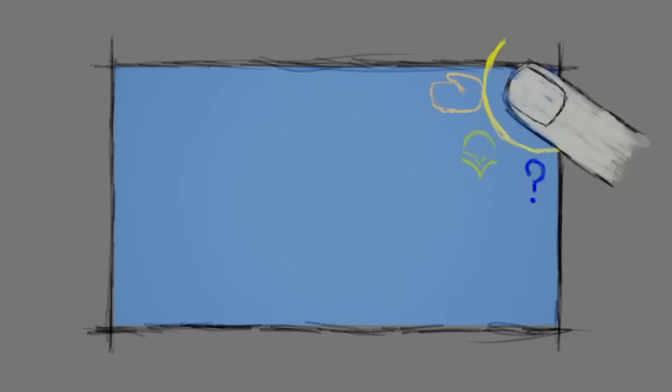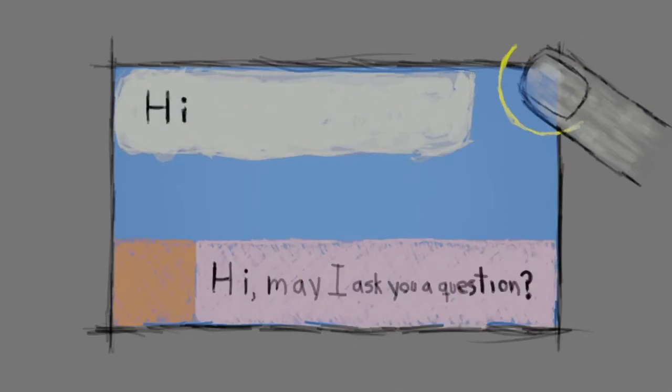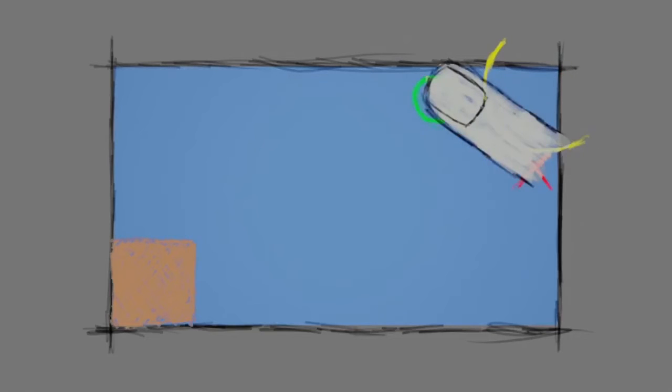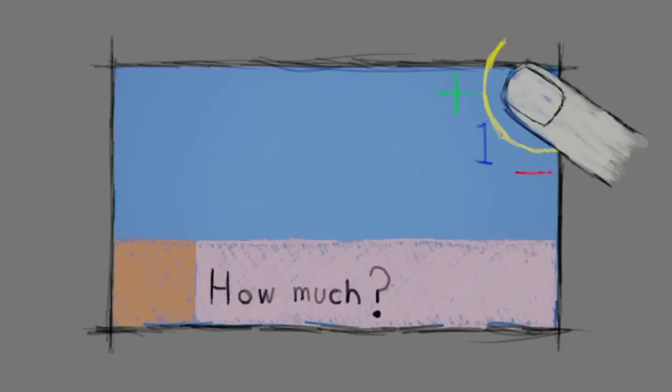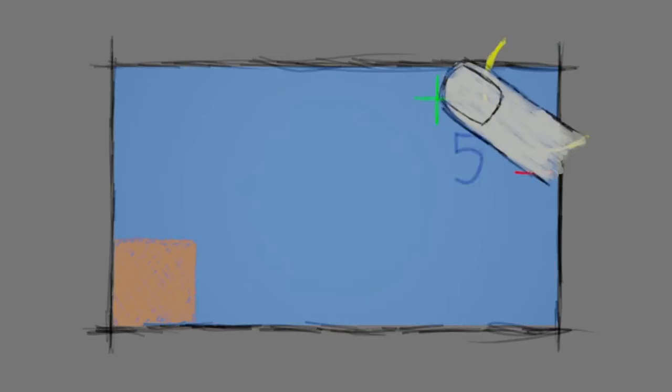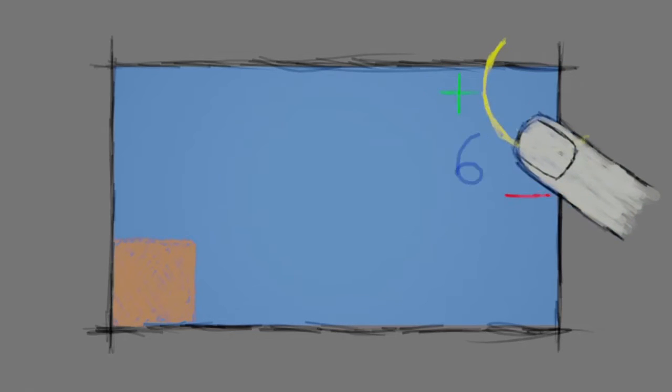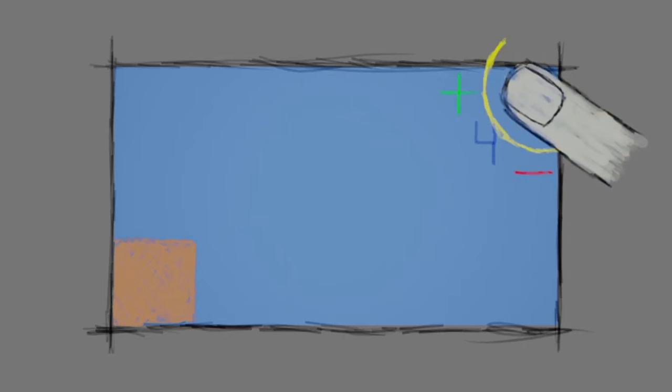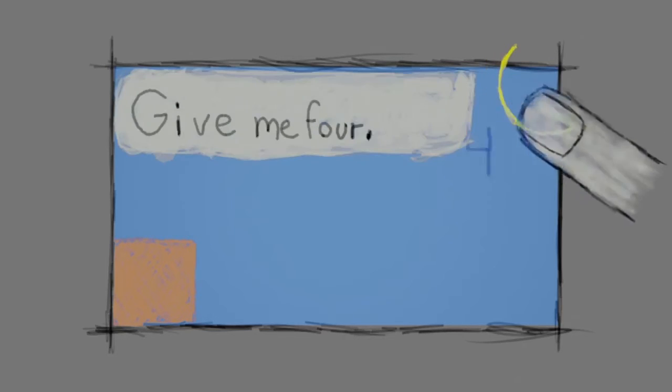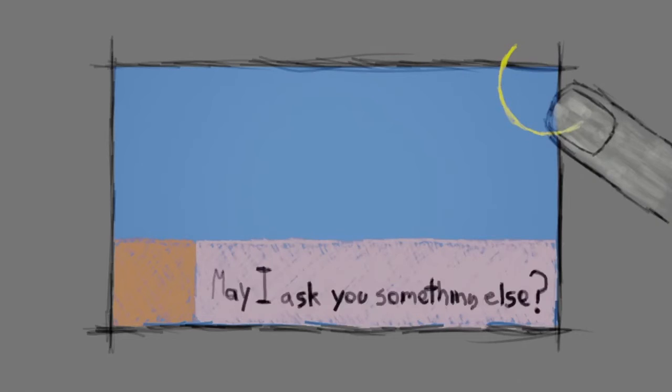So here is another video of the mockup for the dialogue system. Again, it is being designed with touchscreen in mind. So right now the player is interacting with the touchscreen, selecting the response. The NPC is asking questions, and the GUI is responding with what kind of answers it can give.